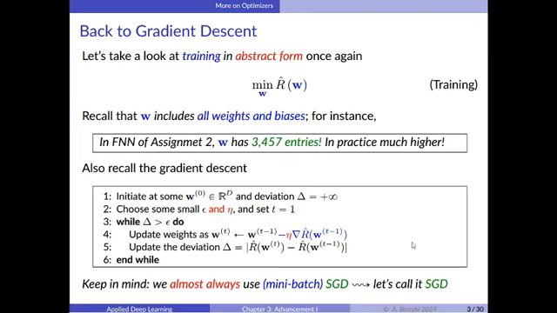We know that the training is this term, the mean of the risk with respect to W, and W always includes weights and biases. And I guess this is the formula of gradient descent.